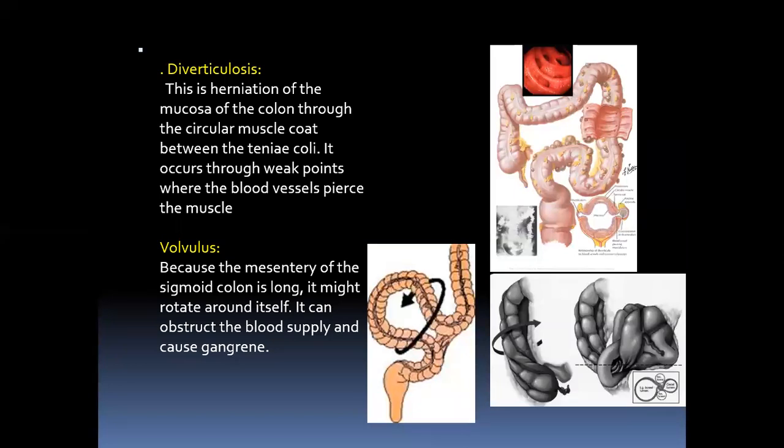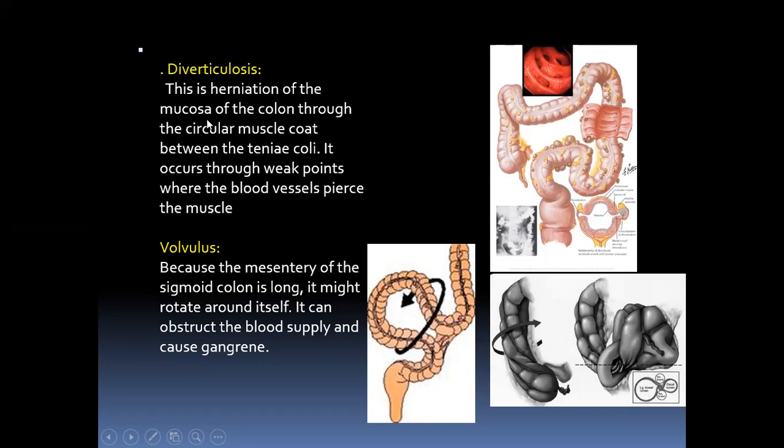Now coming to some clinical aspects, which you will study more in pathology, but we will briefly discuss some important ones. One is called diverticulosis. It is the herniation of the mucosa of the colon. If you take a cross section of the wall of the intestine, a part of the wall becomes weak and gives a diverticulum.